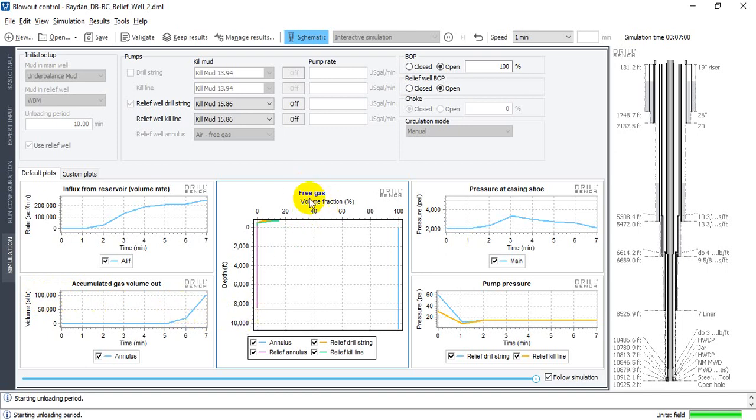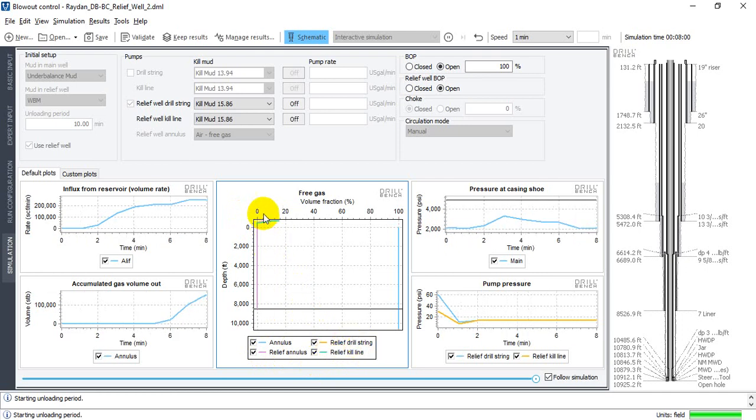And the free gas, as we see here, the volume: we have the annulus, it is blue, and relief drill string, it is yellow, and relief annulus, it is pink, and relief kill line, it is green. Kill line, relief kill line for the relief well, relief drill string for the relief well, and relief annulus, it is the pink, and the blue is the annulus for the mine well.